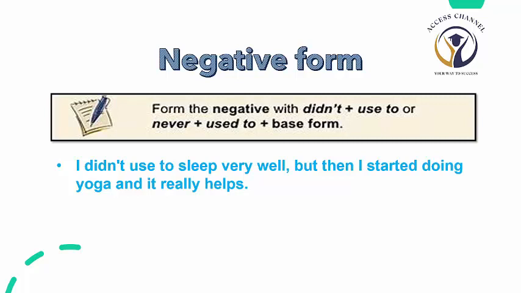So this is a negative form of used to. It means that in the past I didn't sleep very well, but of course that doesn't exist now. Something changed. I started doing yoga and it really helps.